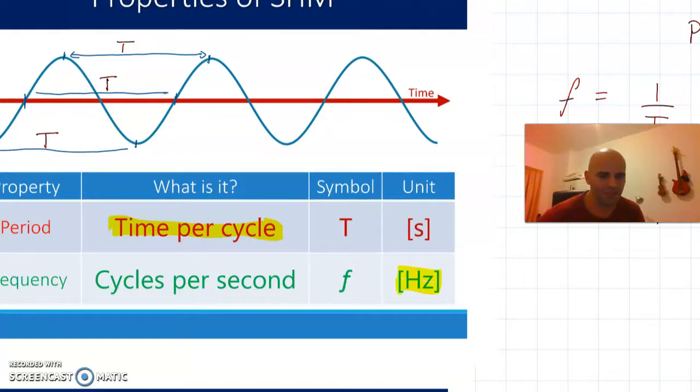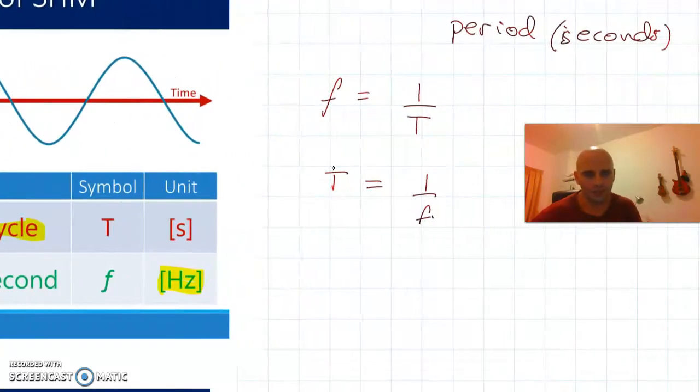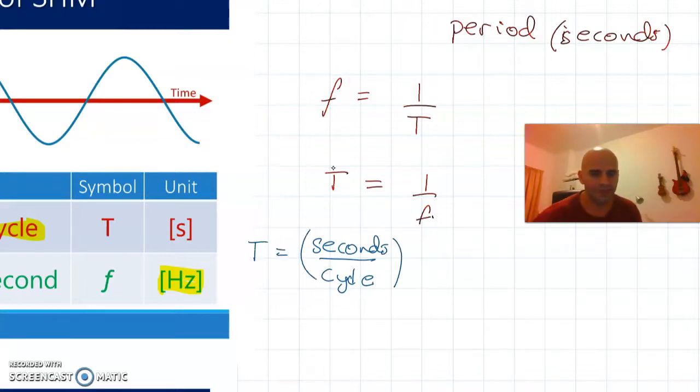If the period T is the time for one cycle, seconds per cycle, then the frequency is the exact opposite of that. It's the number of cycles per second.